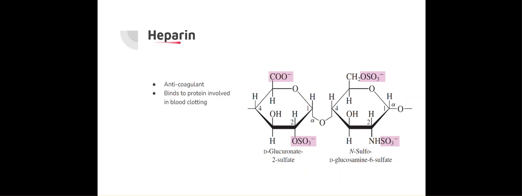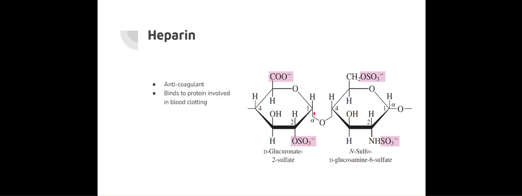Heparin is a chemical that is an anticoagulant. A lot of elderly people are on heparin to keep them from forming blood clots. And it binds to the protein involved in blood clotting. And here you've got this carboxyl group up here, but you've got a sulfate group down here.